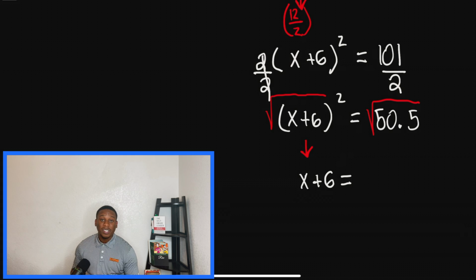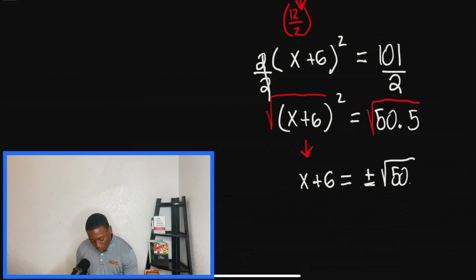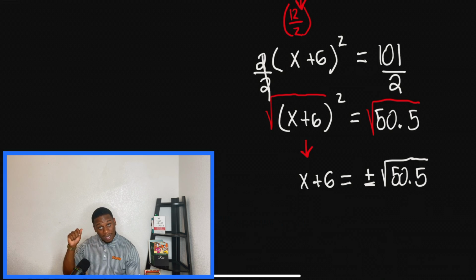And then on the other side, because we cannot break that 50.5 down anymore, we're going to keep it the same under the radical. However, don't forget that now it's going to be plus or minus the square root of 50.5. That is a very important step to remember. Plus or minus, and then your square root or whatever comes after it.